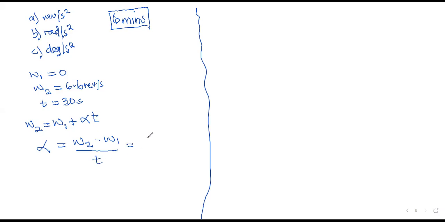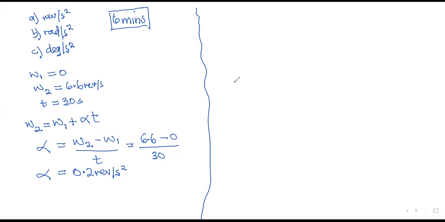So omega 2, this is 6.6 minus 0 divided by time of 30 seconds. And our angular acceleration will be, what is 6.6 divided by 30? 0.2. So we have 0.2 revolution per second squared. So this does it for the first question A.